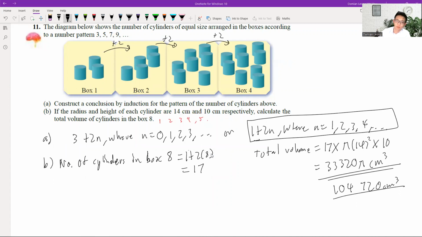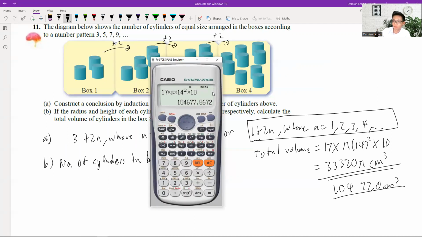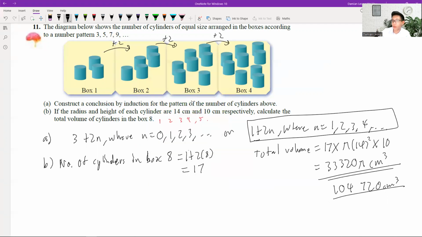It's slightly different, but because they did not specify what to use, it's fine.